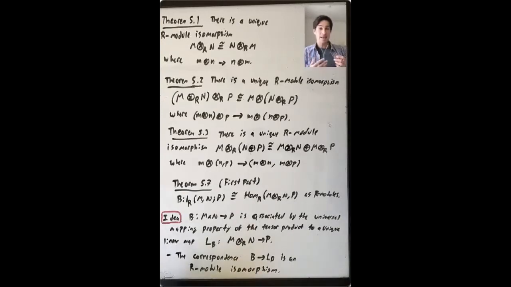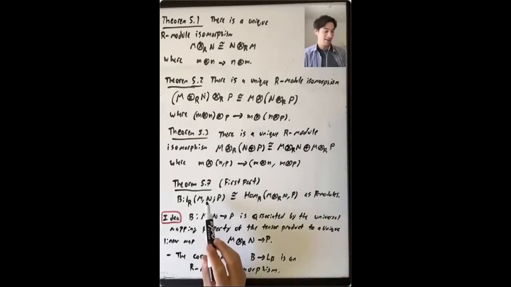And I said that the set of all R bilinear maps from M cross N to some R module P also is an R module. In fact, these R modules are isomorphic.